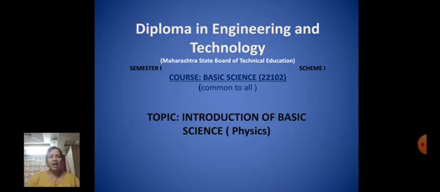So this MSBTE, our Maharashtra State Board of Technical Education, has designed this course with some fundamental information, and that will obviously help you, and therefore you can apply the knowledge, the concepts and the principles which you will get through this course, from both physics as well as chemistry, to solve problems when you are working in the actual field.